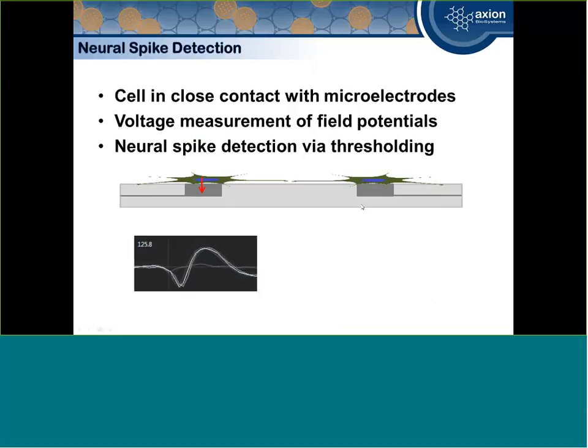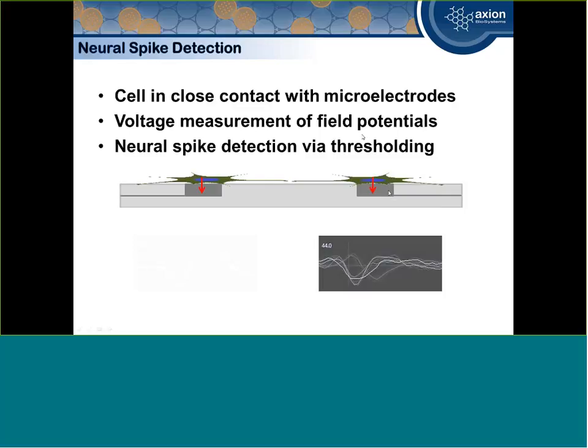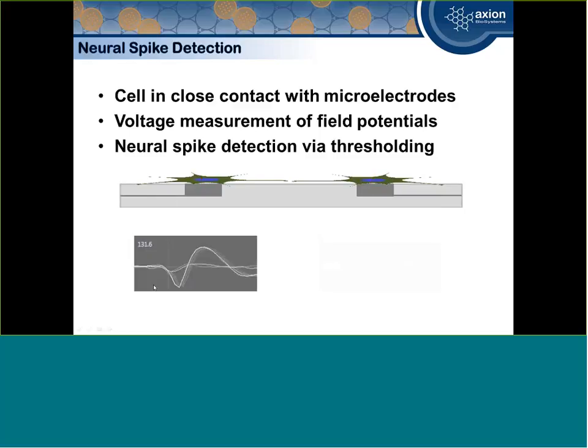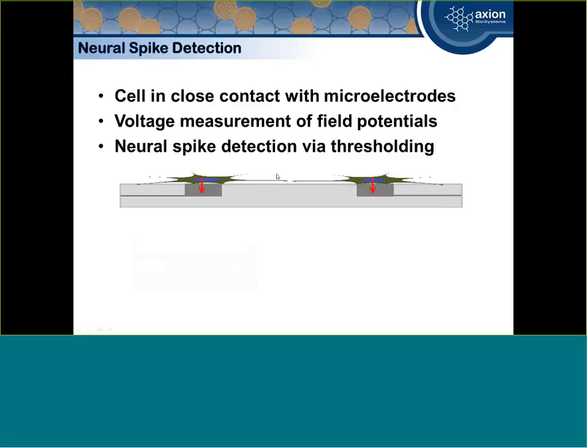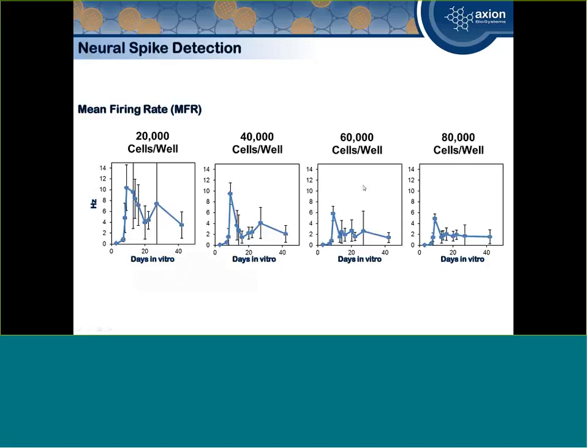What we're really measuring is a voltage measurement of the field potentials. Where the membrane potential changes, we can pick that up through the microelectrode due to our very sensitive electrodes, and that allows us to pull out these very fast-acting events with very high resolution, using very simple spike detection with thresholding.